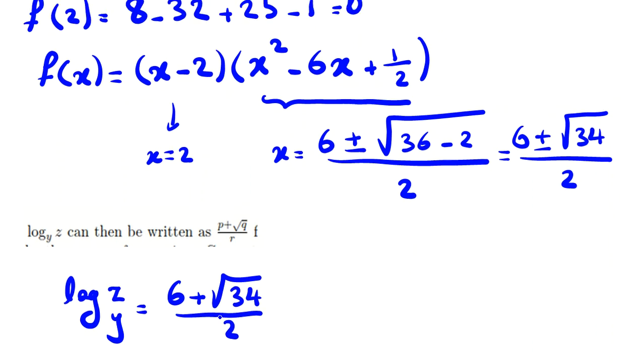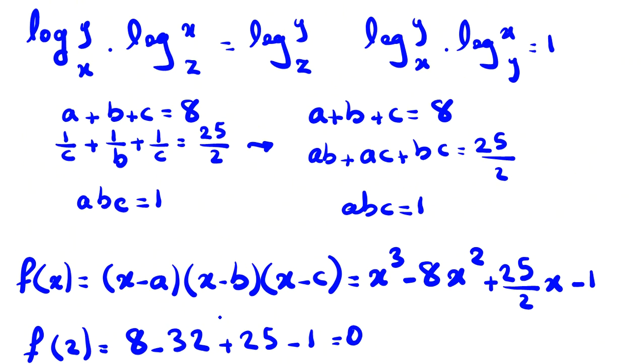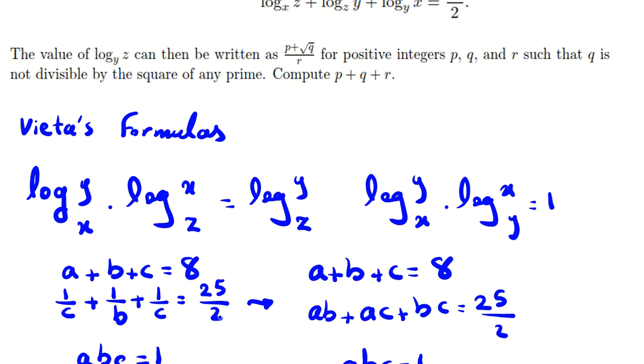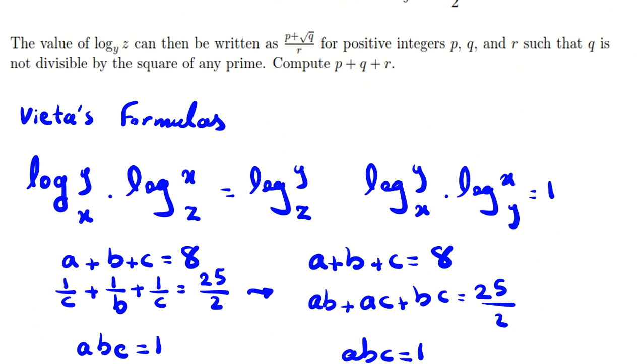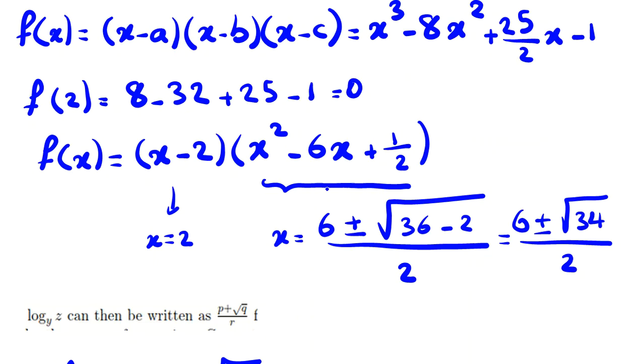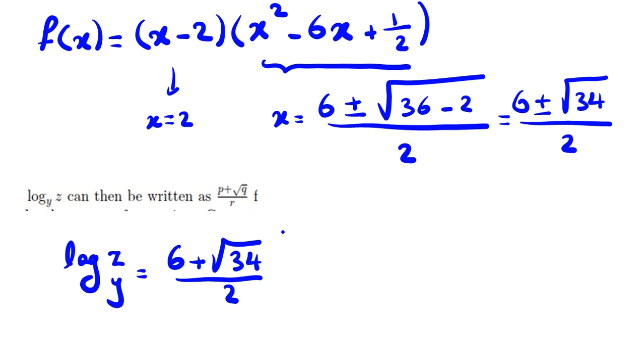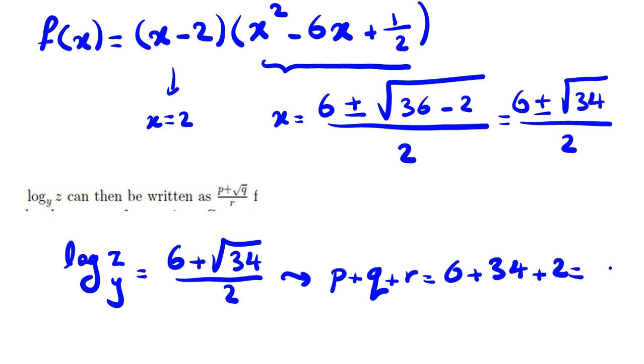It has this form, and the problem says compute p plus q plus r. So if I want to calculate p plus q plus r, it will be 6 plus 34 plus 2, which equals 40 plus 2, 42.